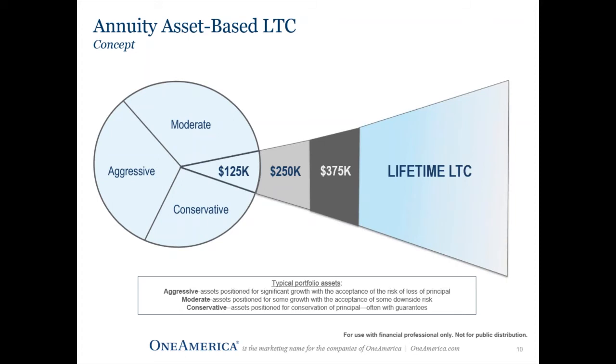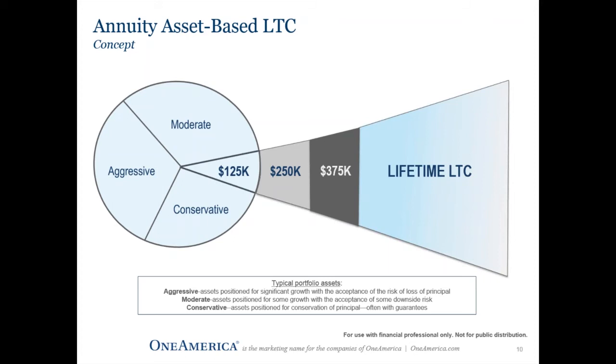But secondly, and probably more importantly, it's the lifetime and unlimited component that attracts clients to our strategy. These are clients that aren't really worried about 2 to 3 years of home care. What they're concerned about is, on average, 8 to 10 years in a memory care facility because they were diagnosed with Alzheimer's. So this strategy, at least in my mind, particularly with the lifetime rider, helps us shield or protect those other assets from being consumed on long-term care.